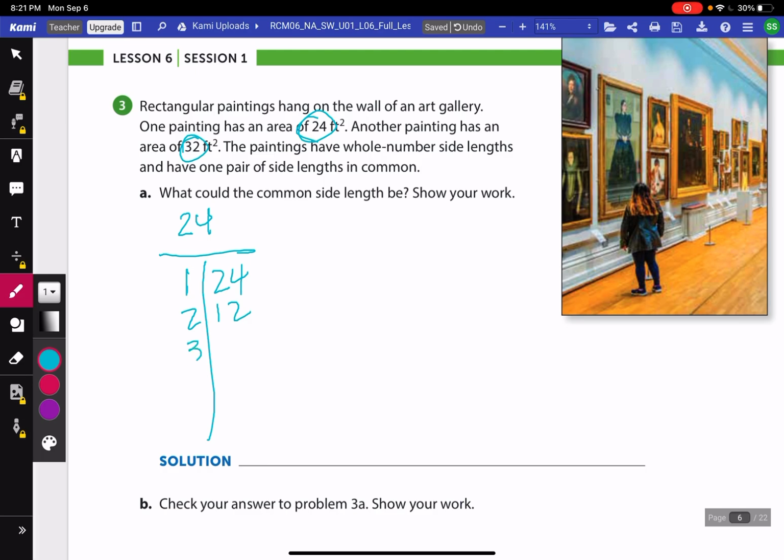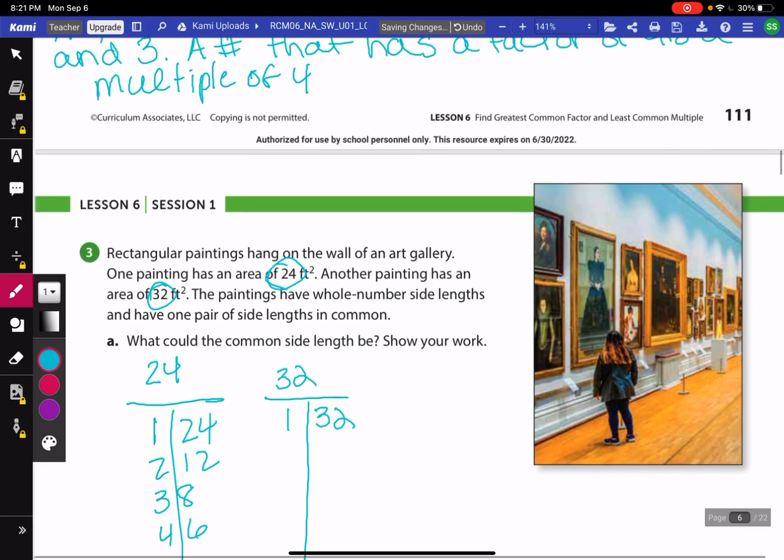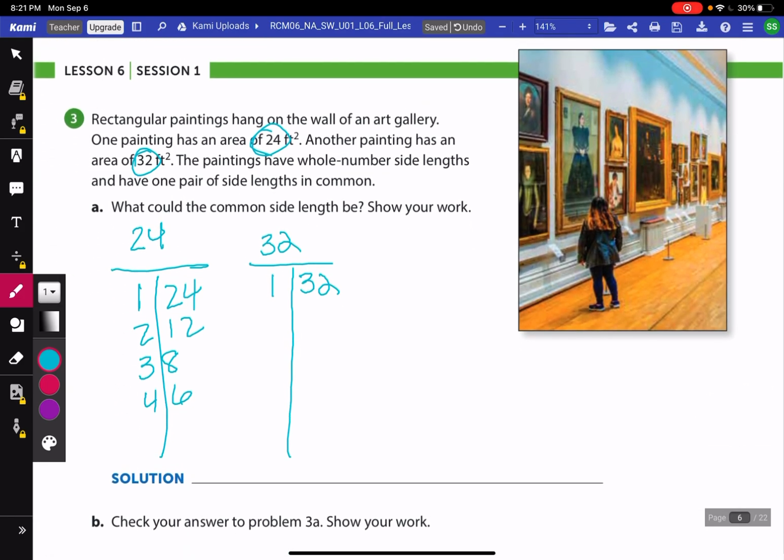We have 3 and 8. We have 4 and 6. What about factors of 32? Well, the easy one, we have 1 and 32. We have 2 and 16. We also have 4 and 8.